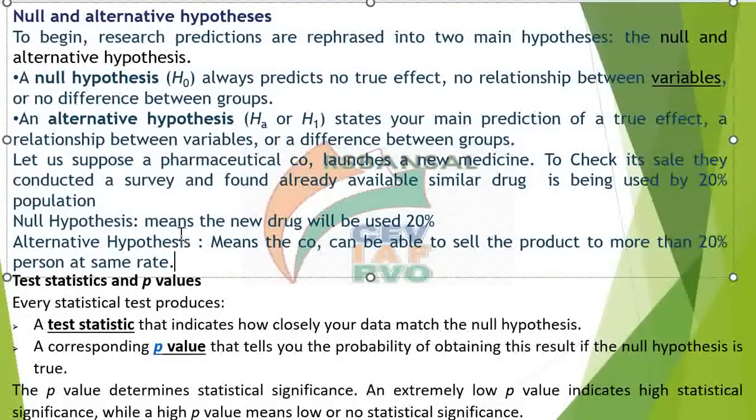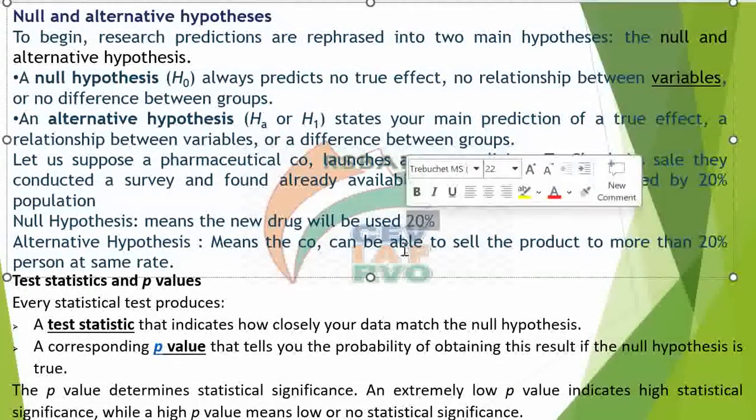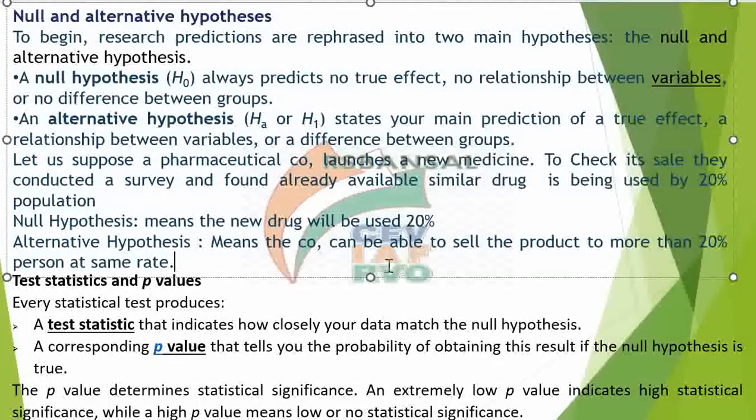They will assume that the new drug will be used by the same 20% of persons which you have calculated from your research. Alternative hypothesis means the company is able to sell the product to more than 20% of persons.